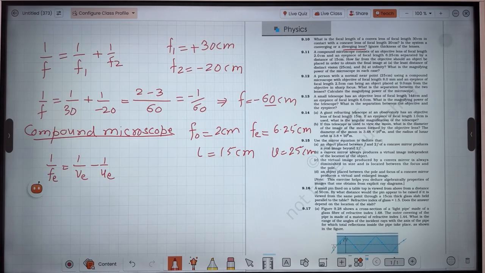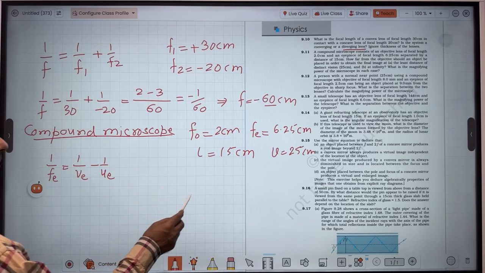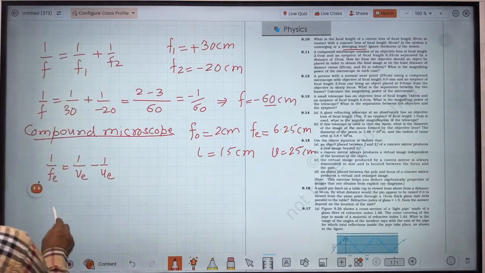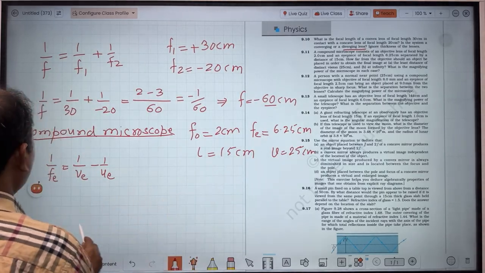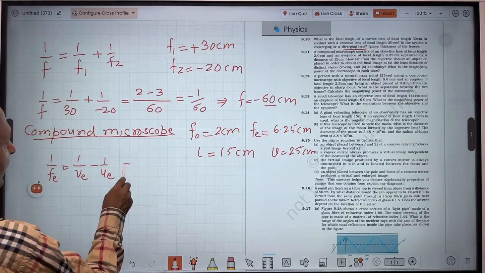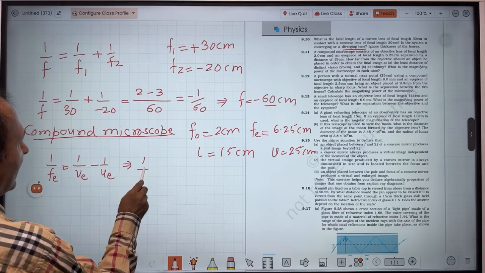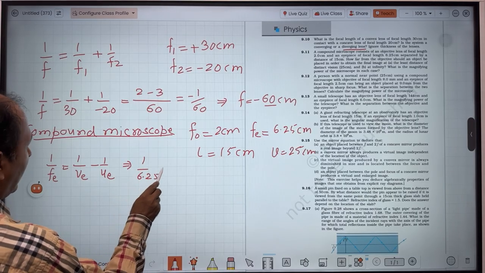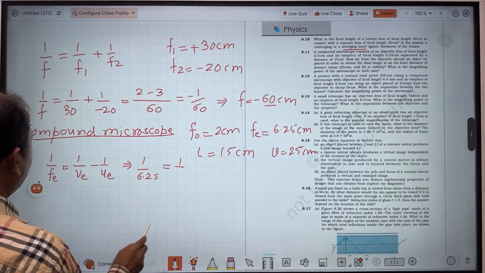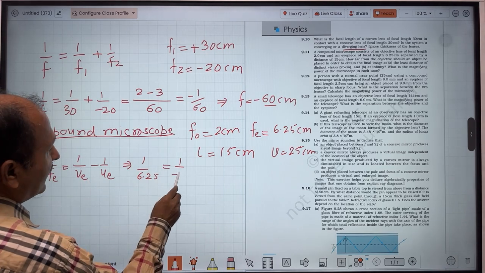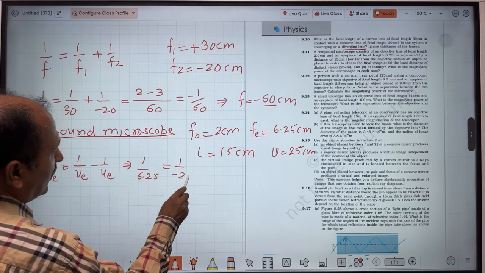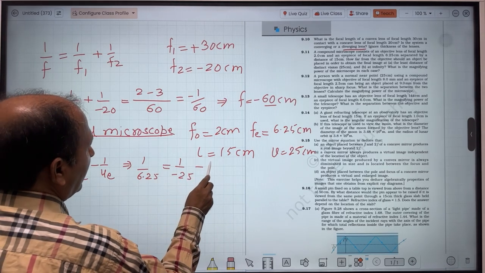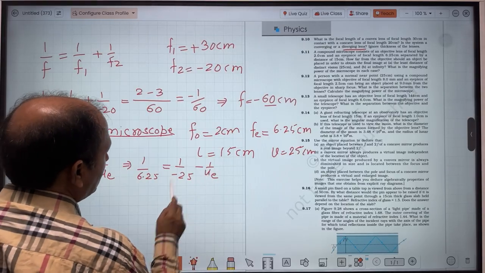And we are given VE as minus 25 centimeter, FE is 6.25, so we can write 1 upon 6.25 equal to 1 upon minus 25 minus 1 upon UE.